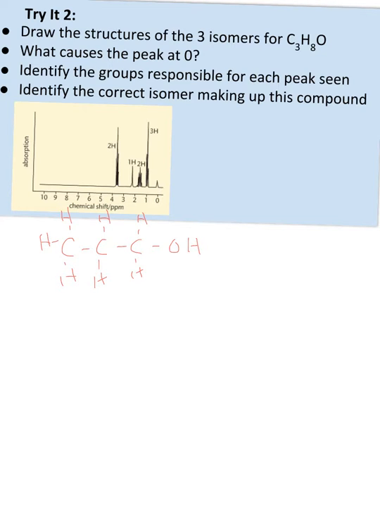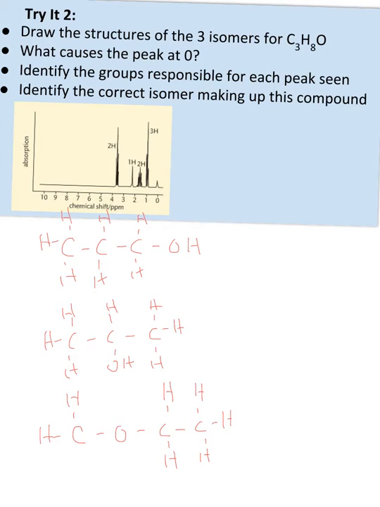I could also move that hydroxyl group to the center carbon to make it 2-propanol, and it would still be C3H8O. And then the third isomer is going to have to be an ether instead of an alcohol, so that I still have 8 hydrogens on here.